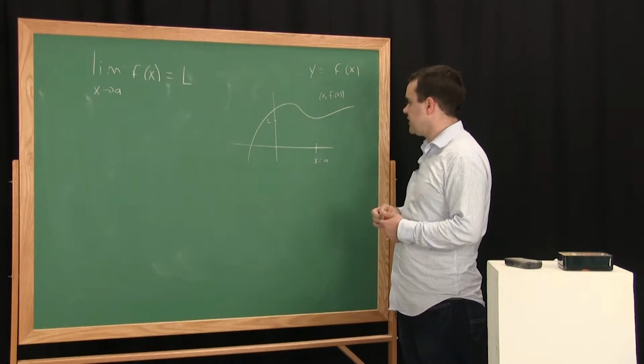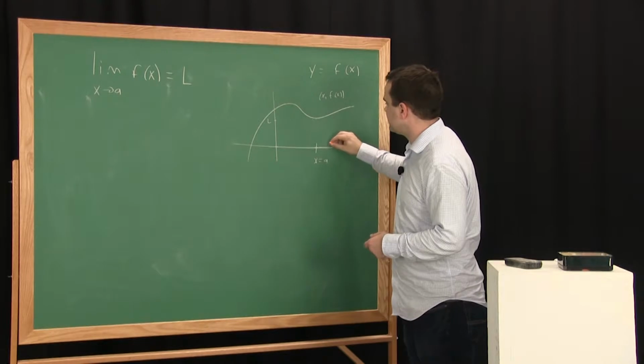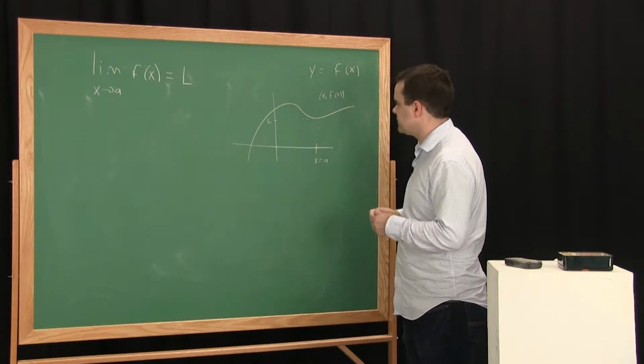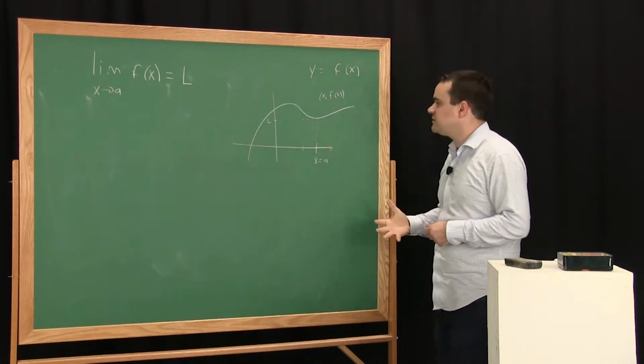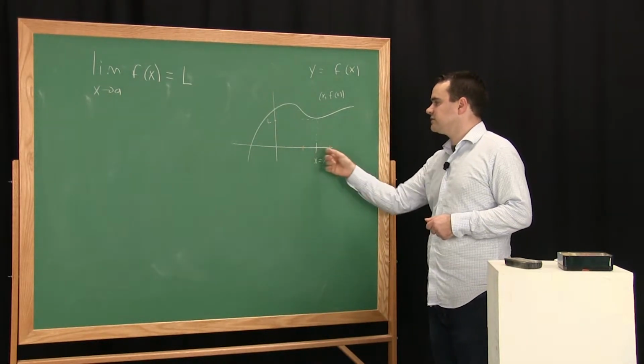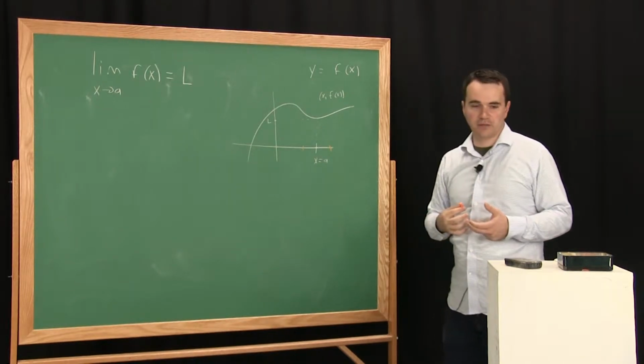So saying the x values must be close to a is the same thing as saying, look, there's going to be this interval that maybe is very small, but I'll draw it so you can see it. There's going to be this interval of x values around x equals a with the following property.